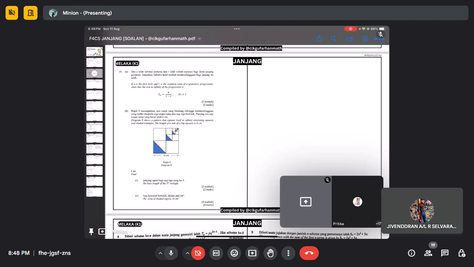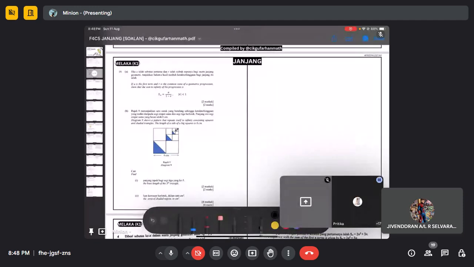Okay, so question number 14. If A is the first term and r is the common ratio of a geometric progression, show that the sum to infinity of the progression is this formula. This is a proving question, if I'm not mistaken. Okay, so we shall discuss it first.